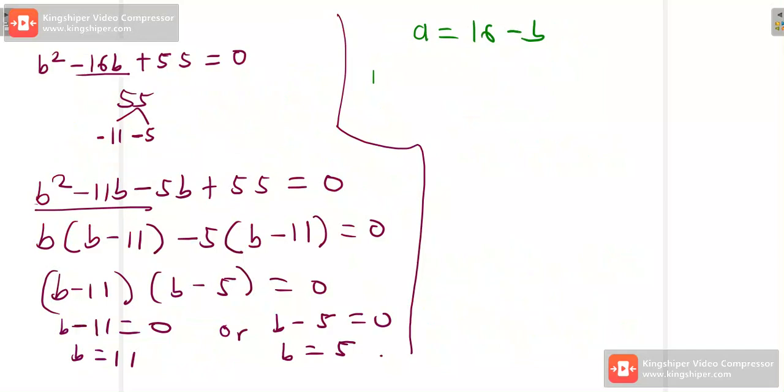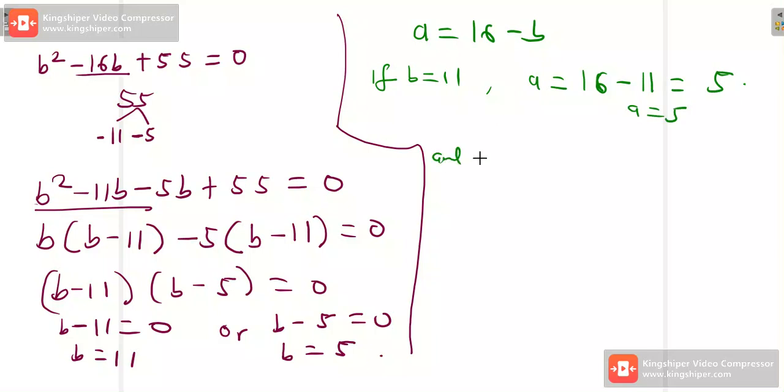So we will say that if b is equal to 11, then what will be the value of a? Then a is going to be 16 minus the 11, and that will give us 5. So here a is also 5.